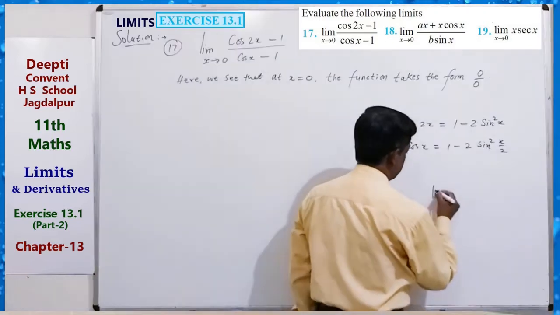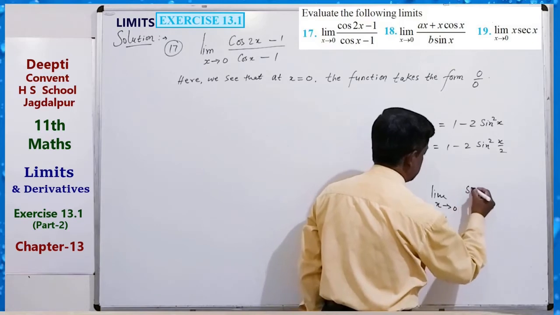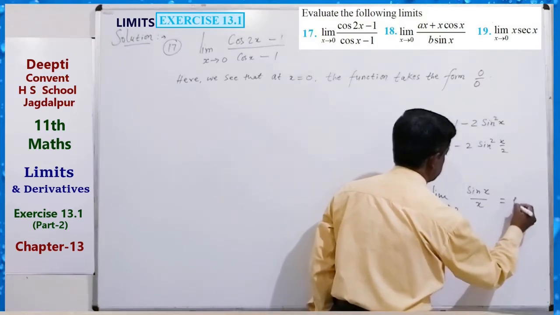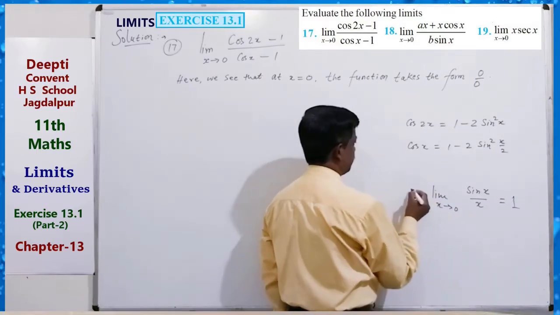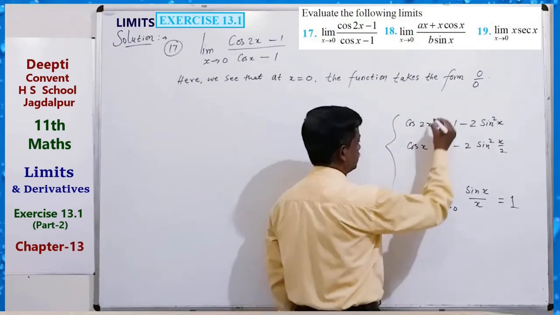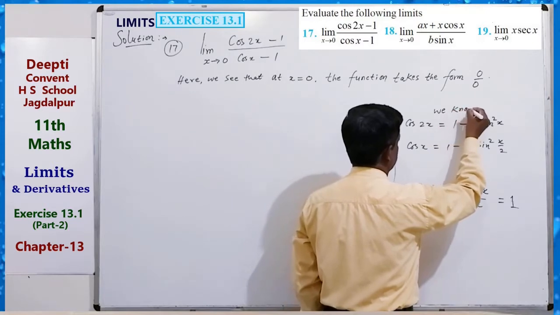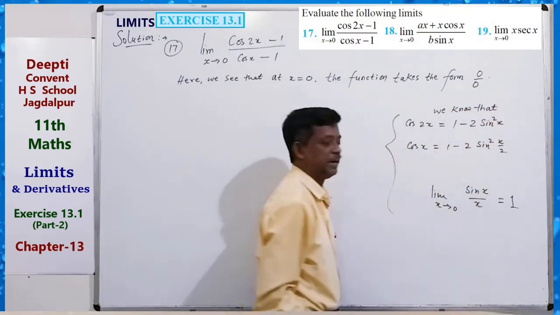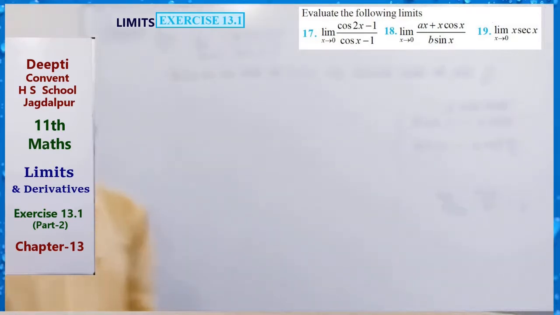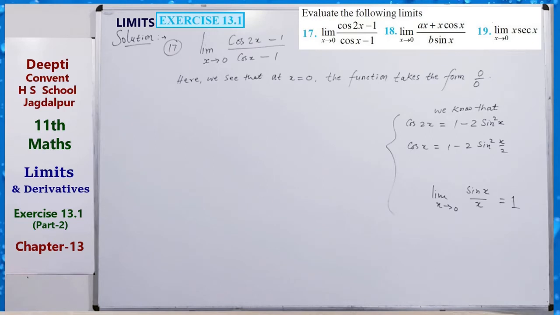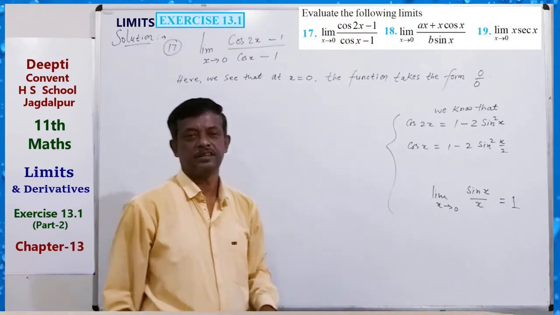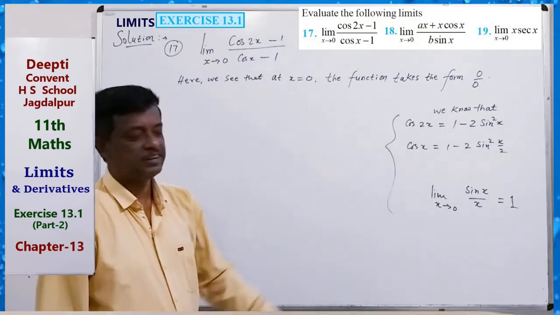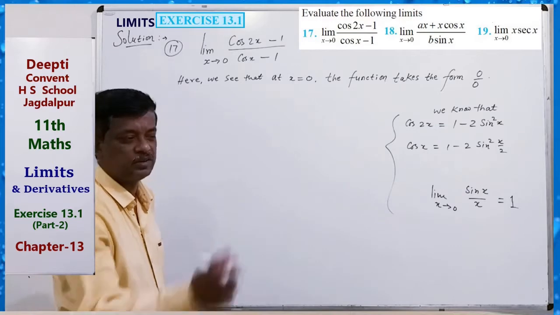And we know the basic formula that the limit of sin x by x equals 1 as x tends to 0. So we will use this, because the function can be transferred to sin x.